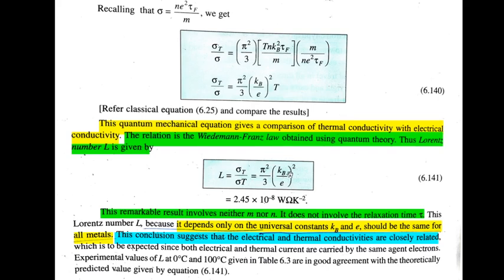But it is observed that the majority of the metals agree to this, and there is an observation table that I have attached here as it is given in the book. The conclusion is that the electrical and thermal conductivity are closely related because they are basically carried by either lattice vibration or a conducting electron, especially in the case of a metallic crystal.